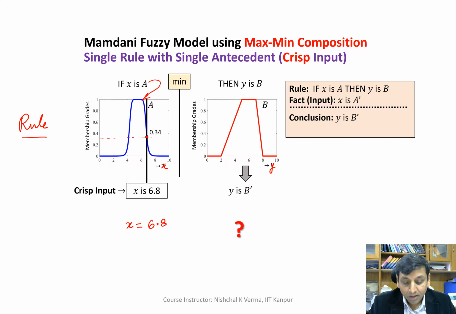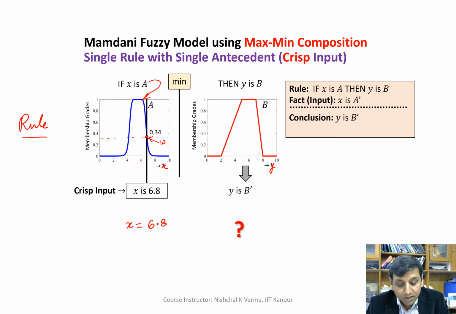But here we have a single point of intersection. So this is our W, which is the weight. Even if we take min, or even if we take product, the W is going to remain the same because we have a single value.